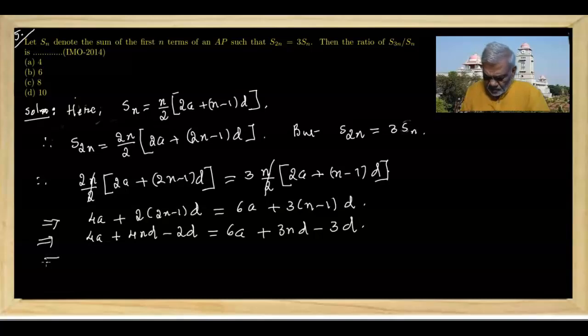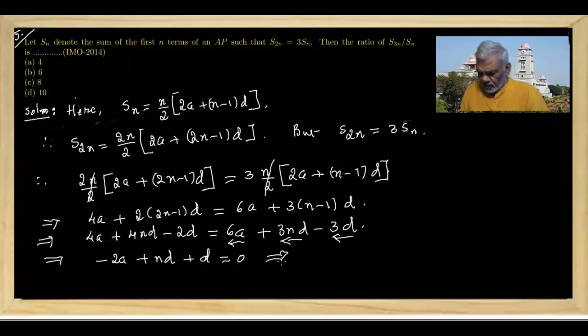And this implies you can take 6a to the left hand side, that's going to be minus 2a left out, and take this 3nd to the left hand side, plus nd we will get, and this 3d we will take to the left hand side, that is going to be plus d, equal to 0.